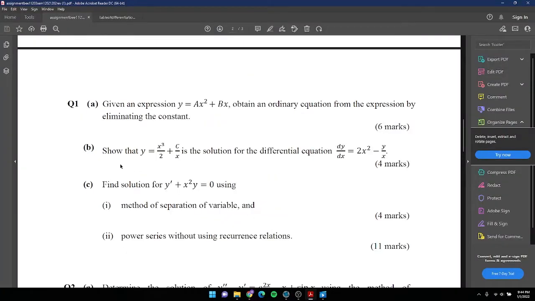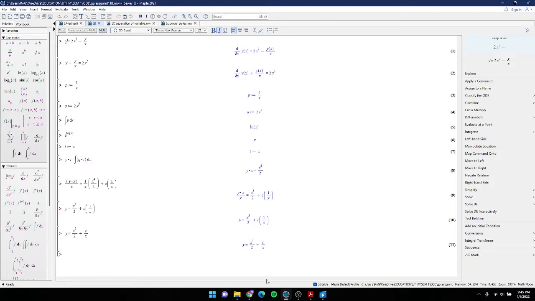Okay, for question 1b, show that y equal to x power of 3 over 2 plus c over x is the solution for the differential equation dy over dx equal to 2x squared minus y over x. Okay, first, we must write the equation y prime equal to 2x squared minus y over x into the form of dy over dx plus p(x)y equal to q(x).